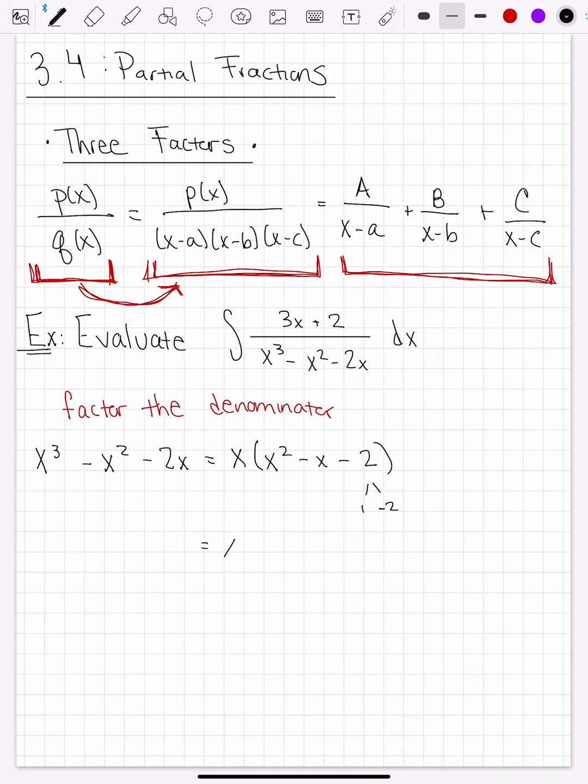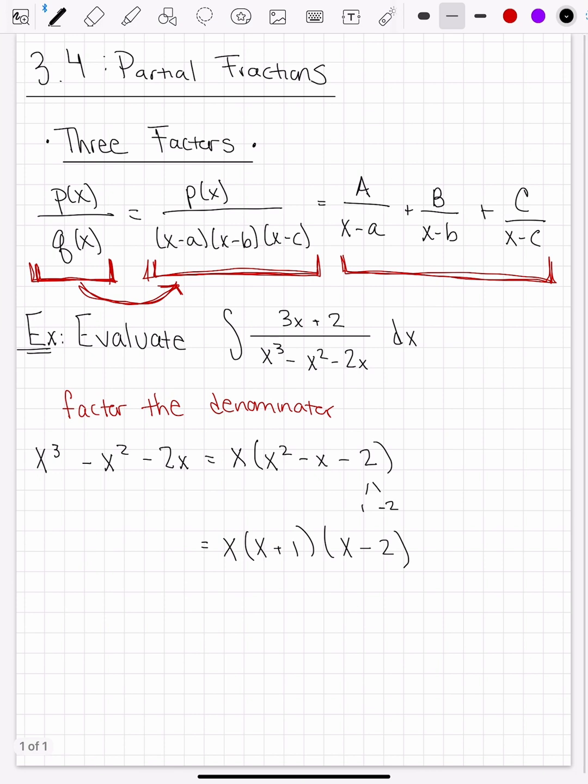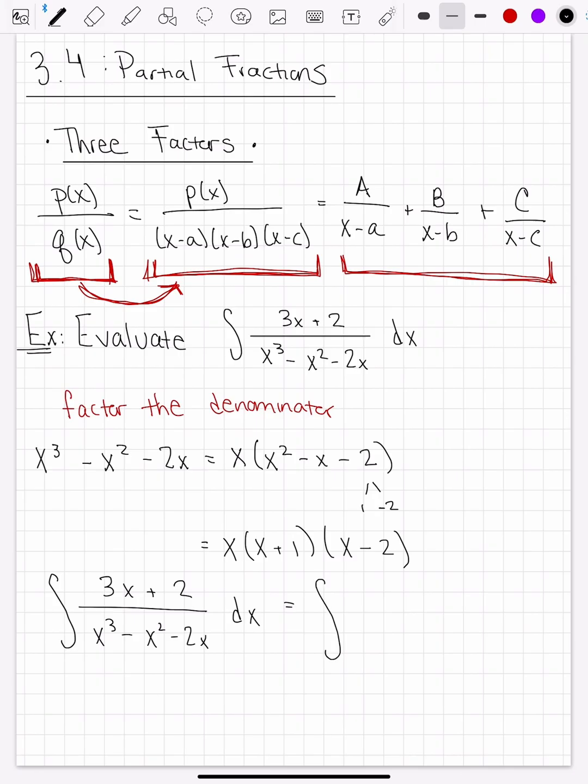So this is going to become x times x plus 1 times x minus 2. All right, so this is our factored form. So right now our integral, right, we went from 3x plus 2 over x cubed minus x squared minus 2x dx, and now we have 3x plus 2 all over x times x plus 1 times x minus 2.